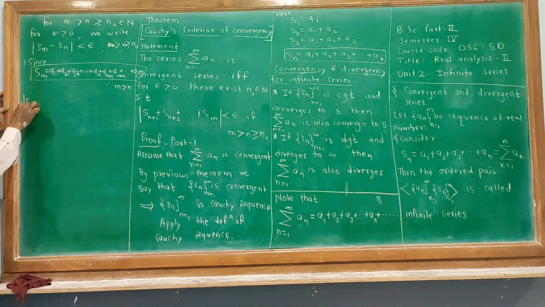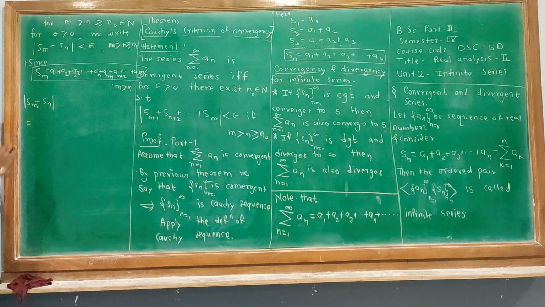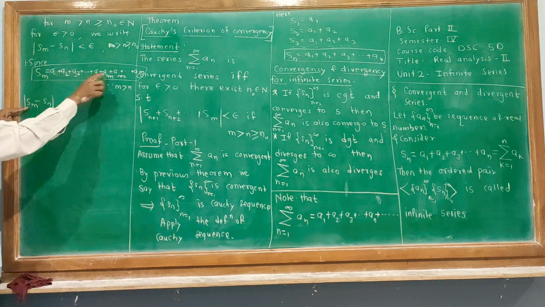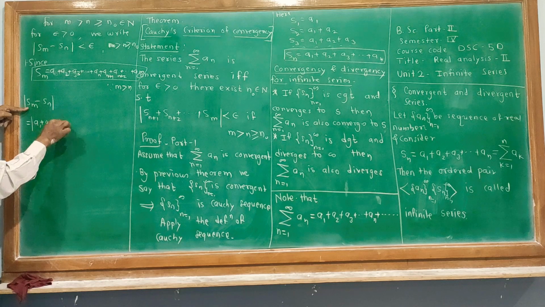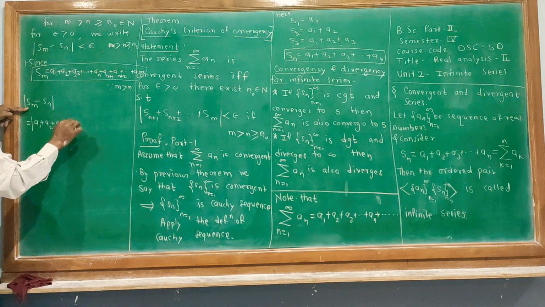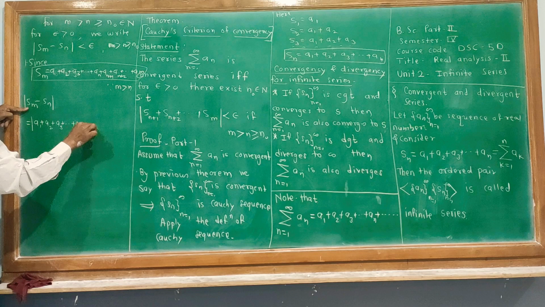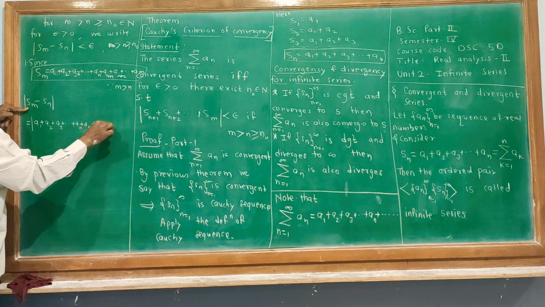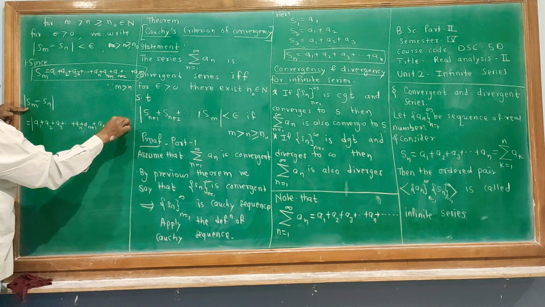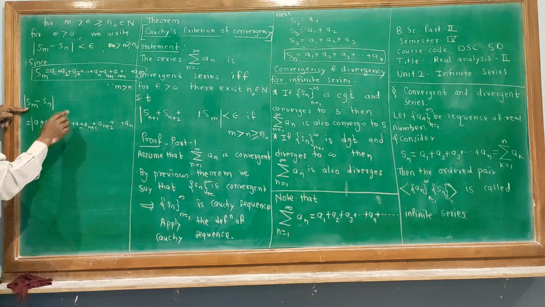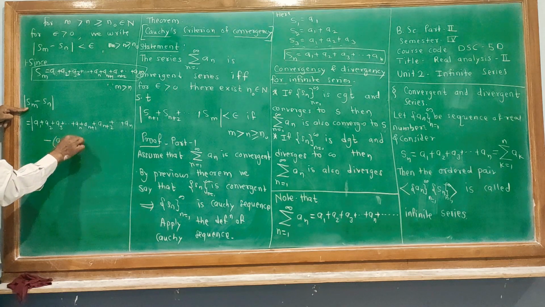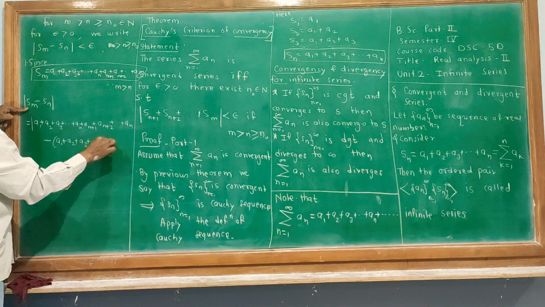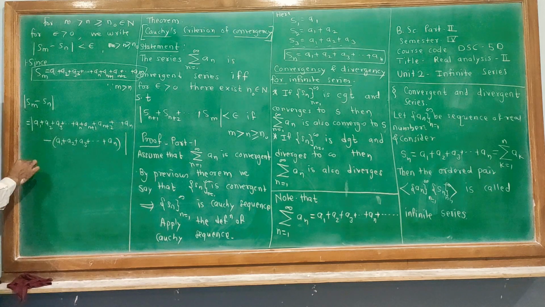Then Sm minus Sn, how can we write? Sm with all terms, written in absolute sign, A1 plus A2 plus up to An plus A(n+1) plus A(n+2) plus up to Am minus Sn, which is A1 plus A2 plus A3 plus up to An, with mod sign.